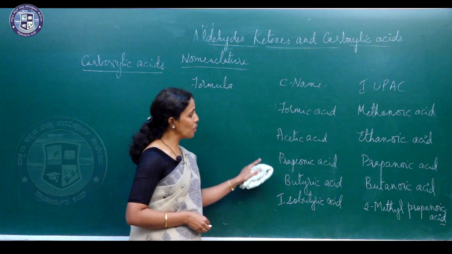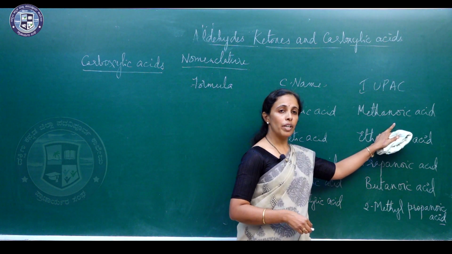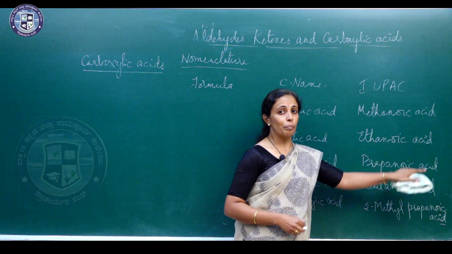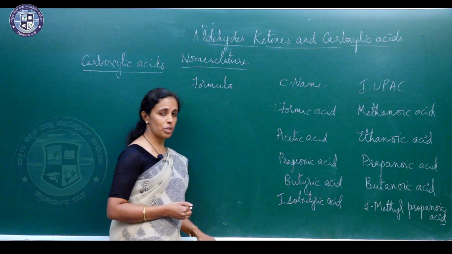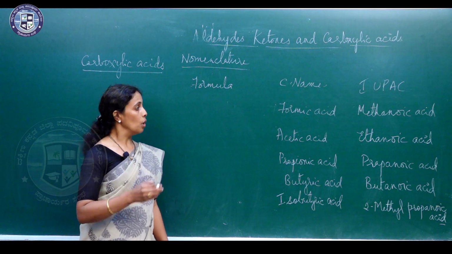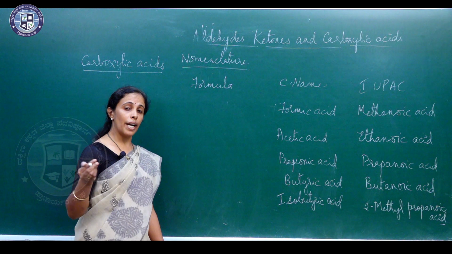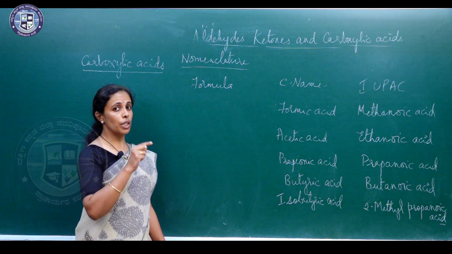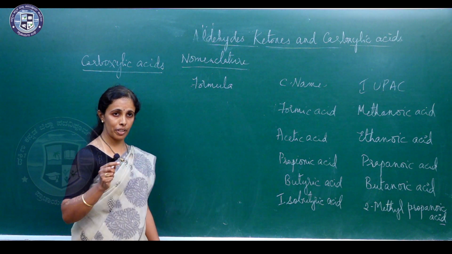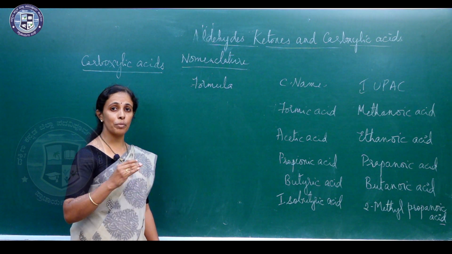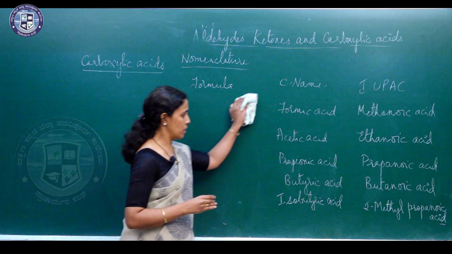So, in case of monocarboxylic acids, we replace the E of the corresponding alkane by oic acid, but while naming the dicarboxylic acids, we are going to retain the E of the alkane and we are going to end it with oic acid, but you can use di, tri prefixes in front of oic acid in order to mention the number of carboxyl group present in them.